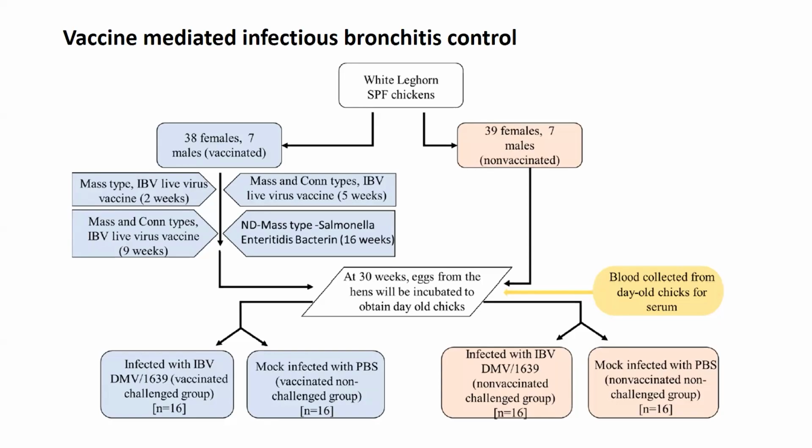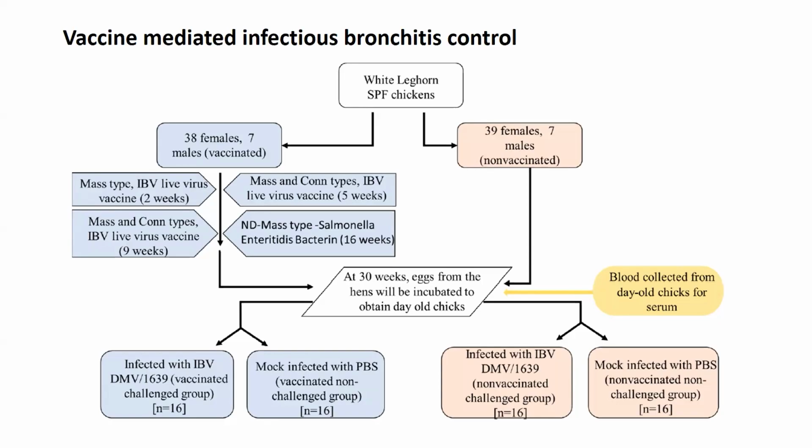So for IBV control in Canada, you need to vaccinate the flocks multiple times because the IBV vaccine-induced immunity is only about 4 to 5 weeks strong. After that, it is going to decline. And also it is serotype specific.